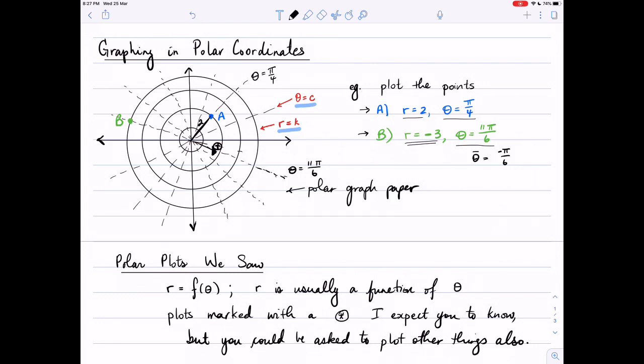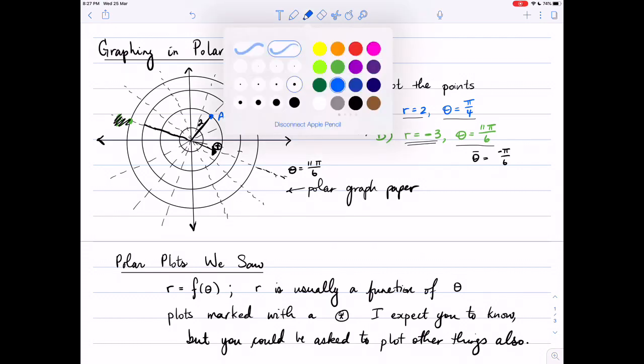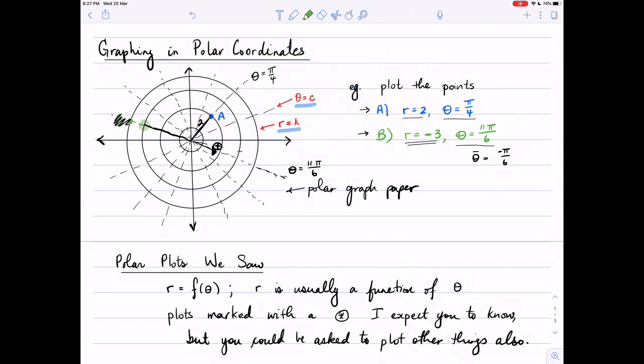So we're going to be going 1, 2, 3, and it looks like I put B in the wrong place when I was preparing this. So B actually should go here, 3. That is our point B right here. I'd actually drawn B as if it were negative 4.